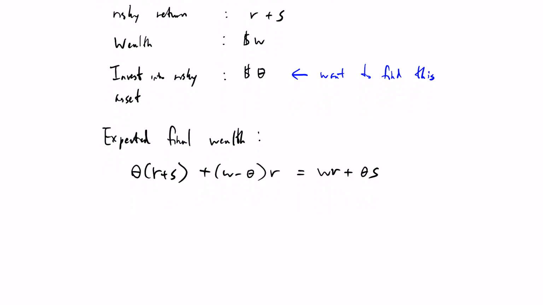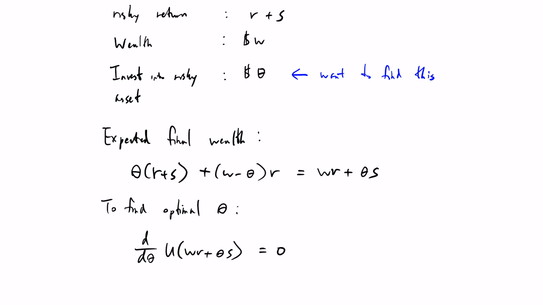And basically what you need to do, to find optimal theta, is take the derivative with respect to theta of the utility of the expected final wealth. That's kind of what you need to do, right?